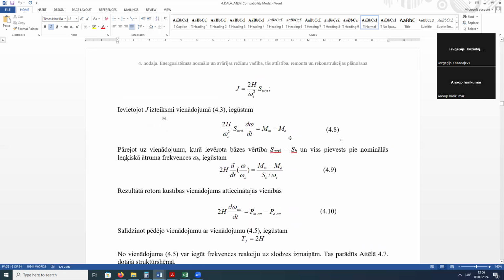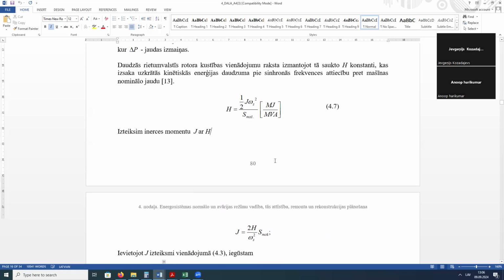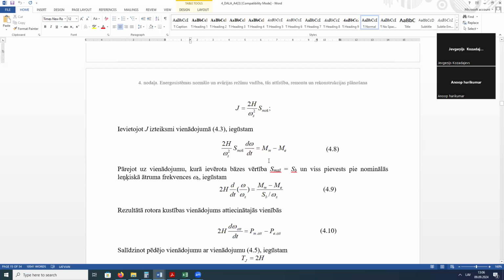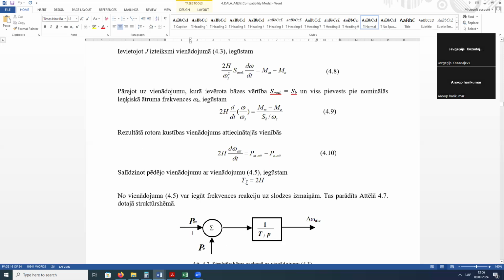But there are two approaches, two ways how we could evaluate the inertia. The first way, which is more popular for Western countries, is to represent inertia with the energy. And the second way, with this letter T, is more common for Eastern European countries.